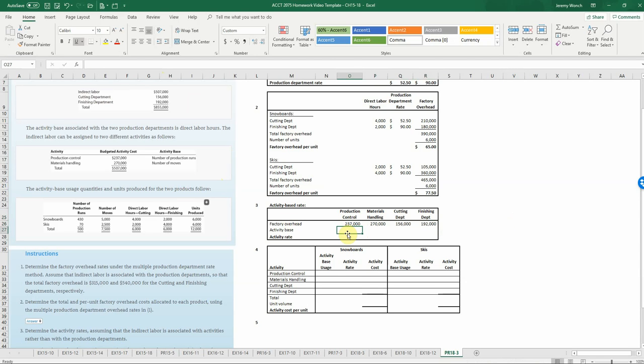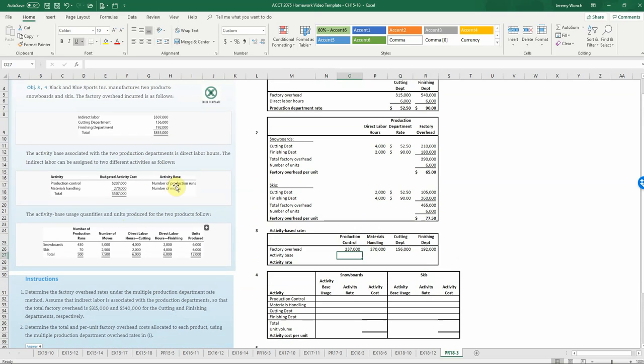The activity base for the production control department is number of production runs, and we have total runs of 500. For materials handling, it's number of moves, and the total number of moves is 7,500.